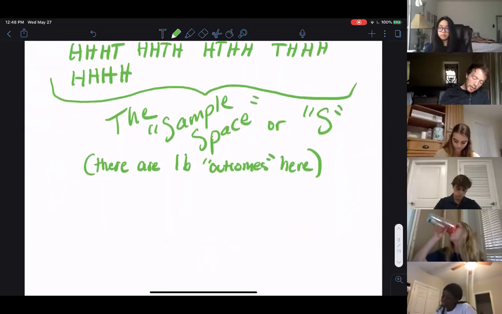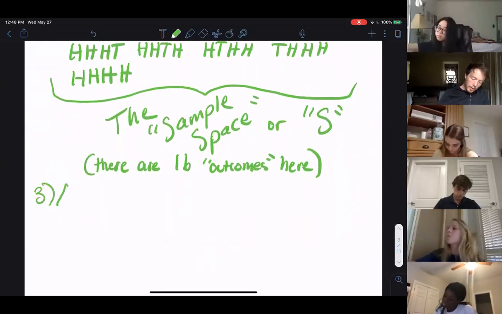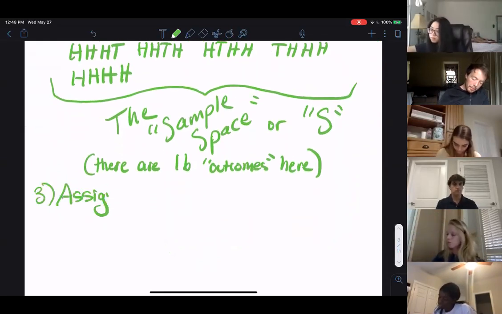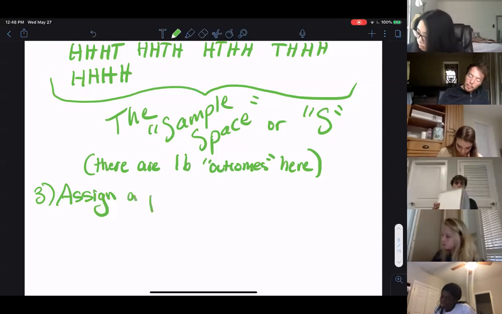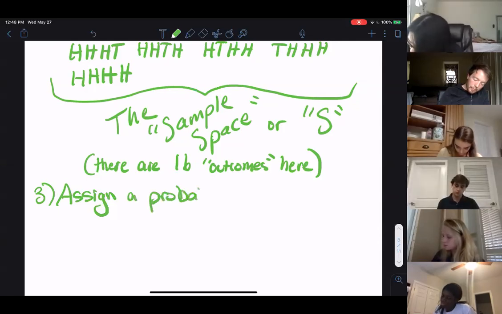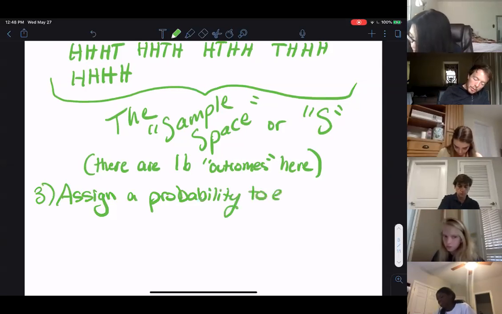The third and final step is assign a probability to each outcome.